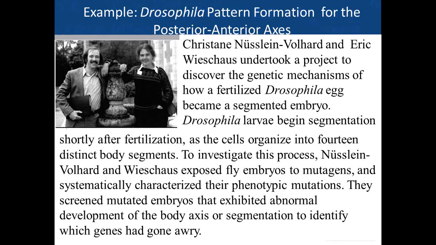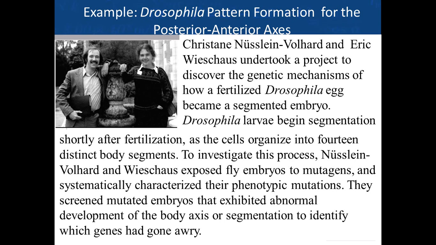They were able to identify 15 genes that, when mutated, caused defects in 14 segments of the fly embryos. They further classified the genes into groups based on how and in what order they affected segmentation. As I mentioned, first they identified 3 gap genes, which helped determine the identities of each segment of the embryo.